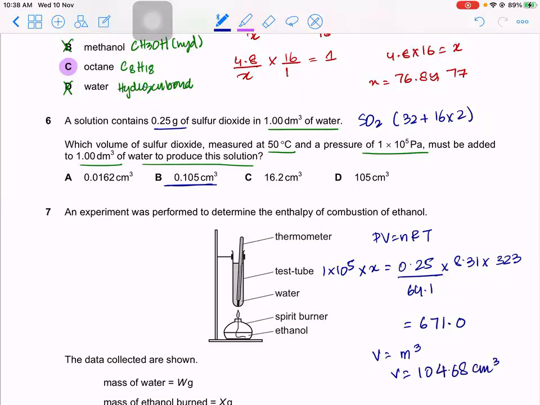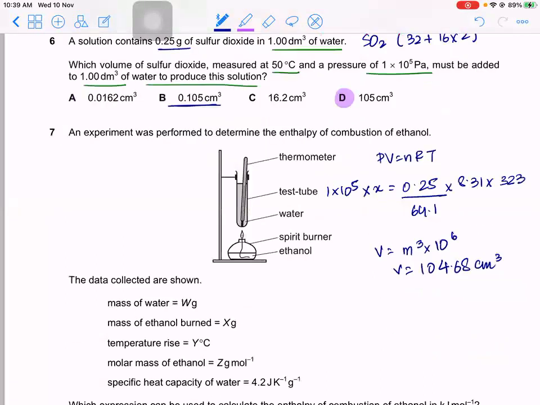And the answer therefore is D. Because you remember in PV = nRT, the volume is in meters cube. So whatever your volume comes out, that will be in meters cube. So you will have to multiply by 10 to the power 6. And when you do that, this would be 104.68, and that will be D.